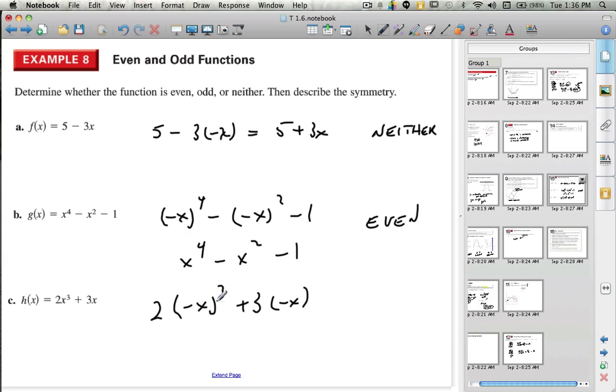Negative x taken to the 3rd power would be negative x cubed, times 2 is negative 2x cubed. And plus 3 times negative x is negative 3x, that's minus 3x. And you'll see this is the opposite of that. If I took that and multiplied it by negative 1, I get the opposite of 2x cubed minus 3x. So this one is odd, and that's what that looks like.